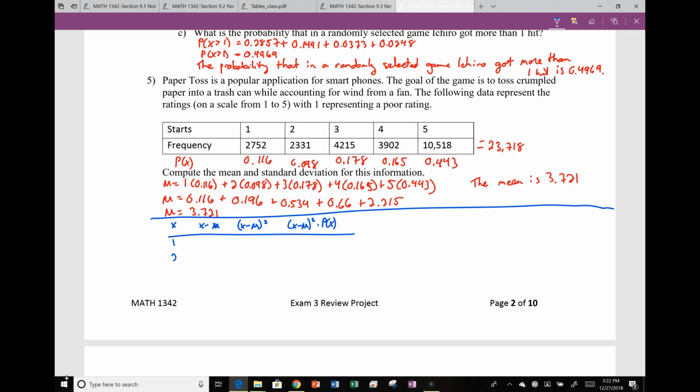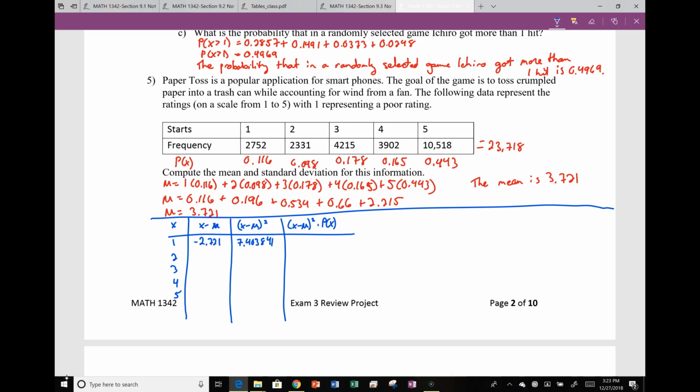So our values are 1, 2, 3, 4, and 5. So 1 minus 3.721 is going to give me a negative 2.721. That value squared, recall that I want to put parentheses around that and then do the square so that I get a positive value here. So it's going to be 7.403841.